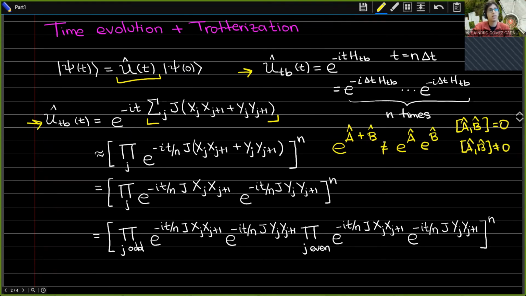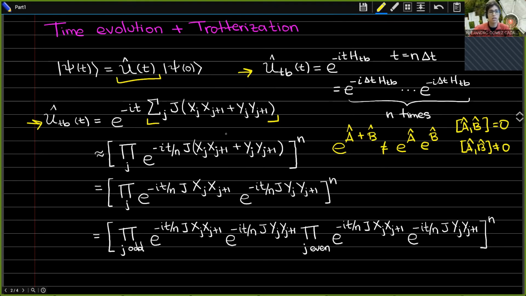The answer is that quantum gates are operators being multiplied. So if we want to implement the time evolution operator as some set of gates, then we need to see it as a product of some simple gates. That's why we need, at the end of the day, a product of operators or a product of exponentials.